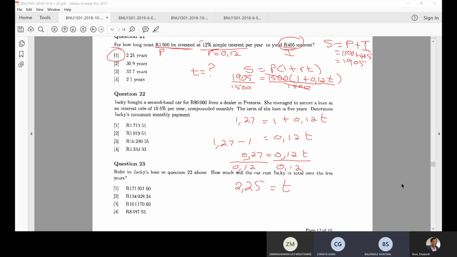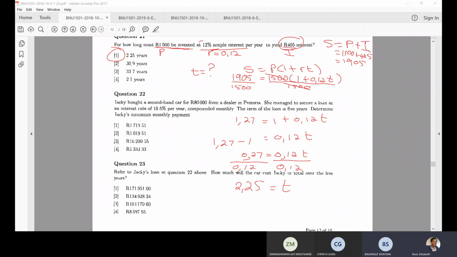I think the main trick is that you must remember to add the 1,500 plus the interest. Yes, because the trick here is they didn't tell you what your future value is, but you need to know that your future value is your present value plus your interest.